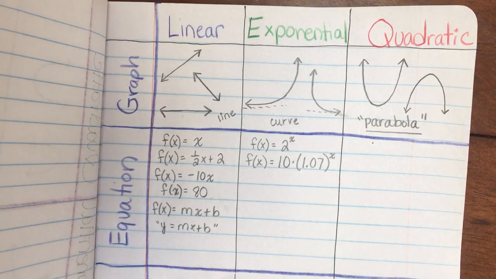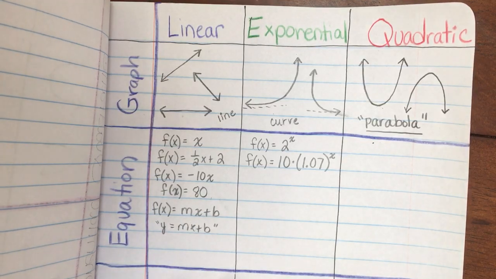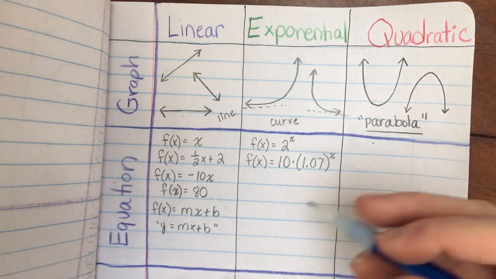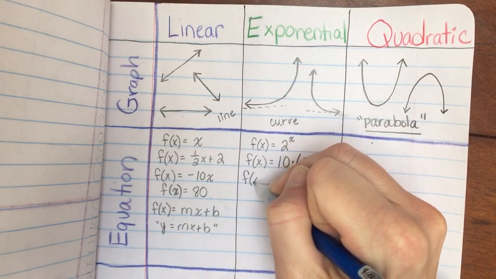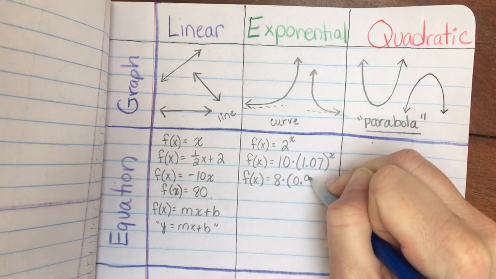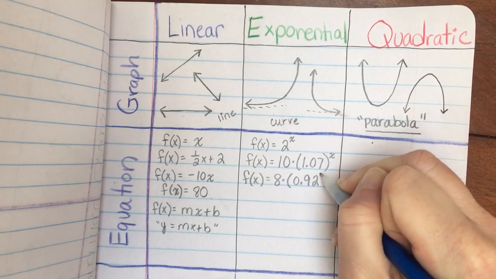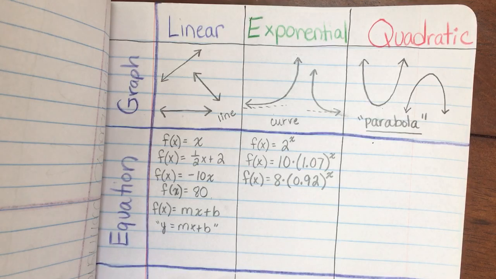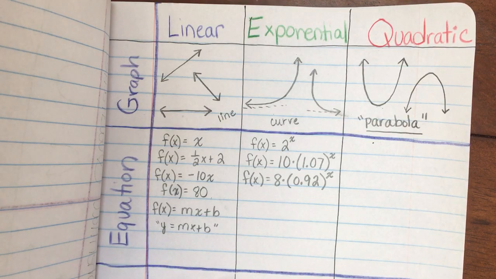Remember we did that whole unit on if it increases by a certain percent every year. f of x equals 8 times 0.92 raised to the x power. Those are all exponential functions.